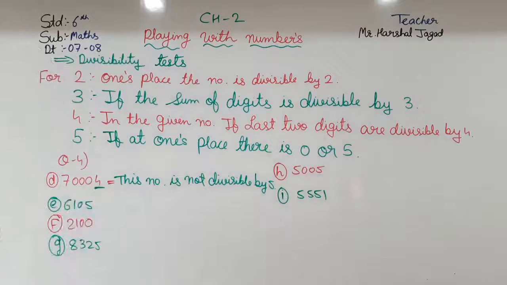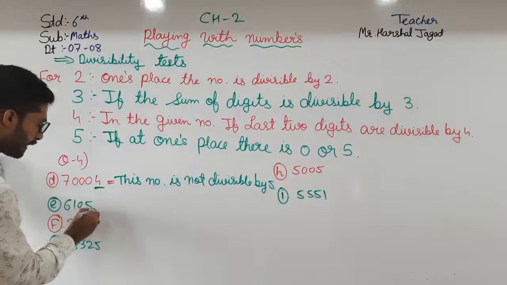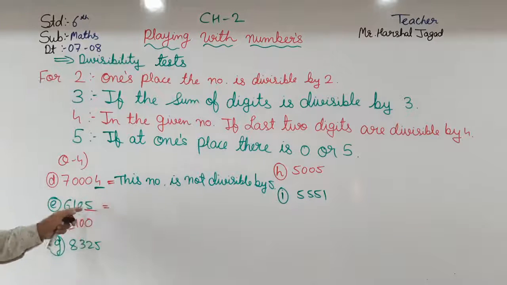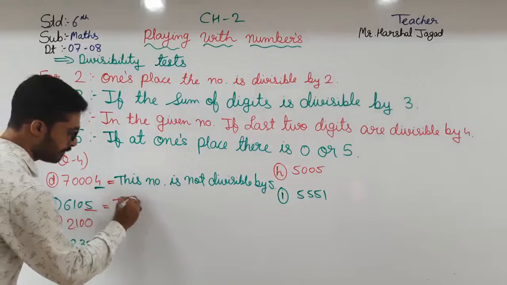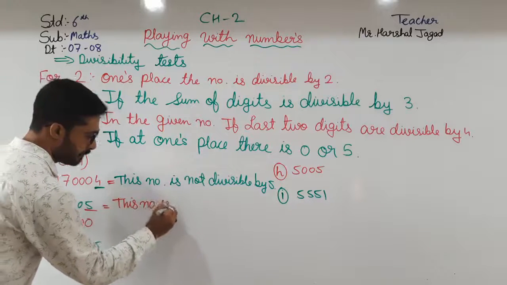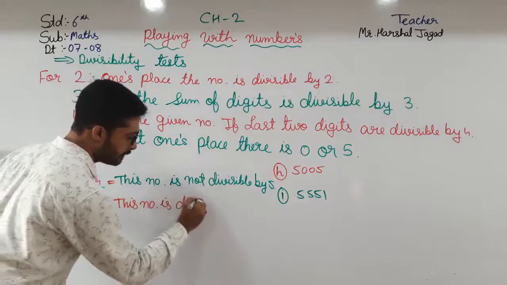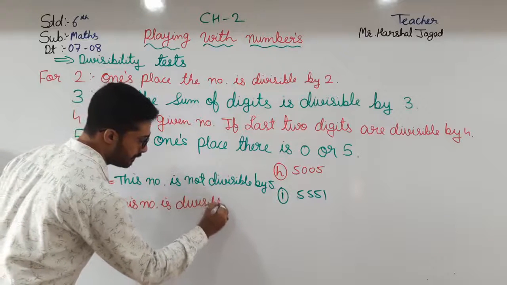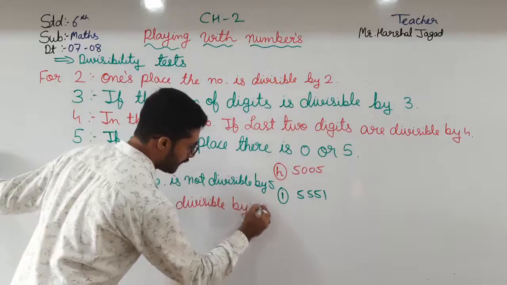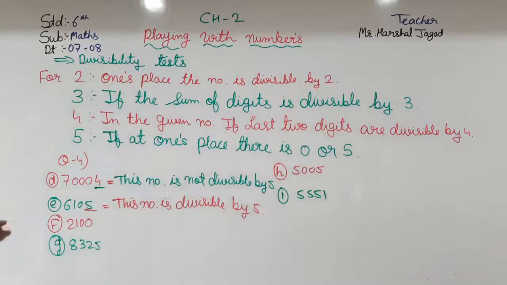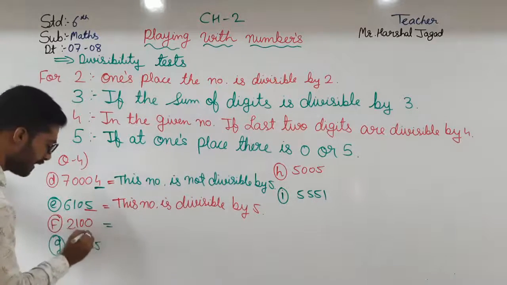Okay, then after another one, it is over here. You can say here it is 5, so this number is divisible by 5. Then next, here it is 0.